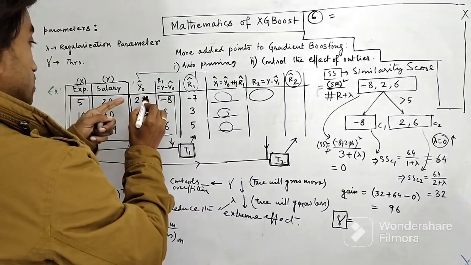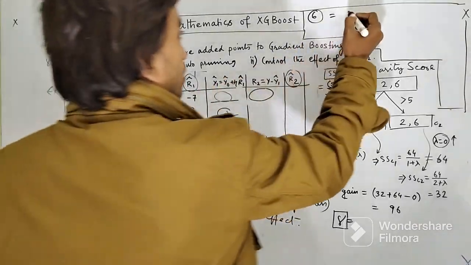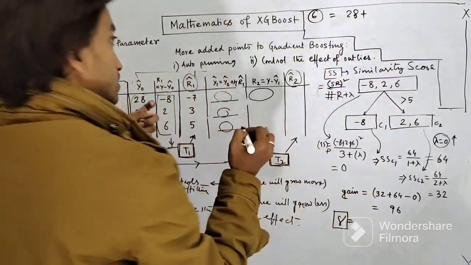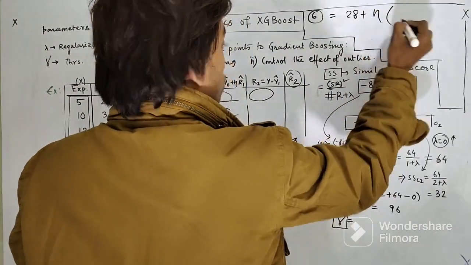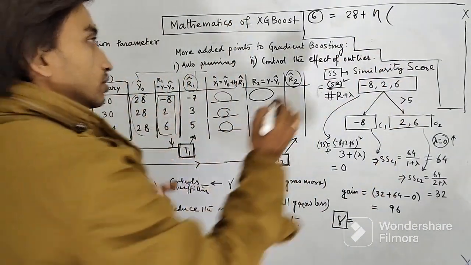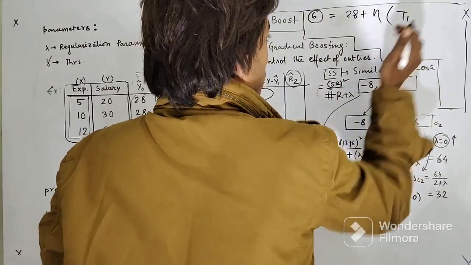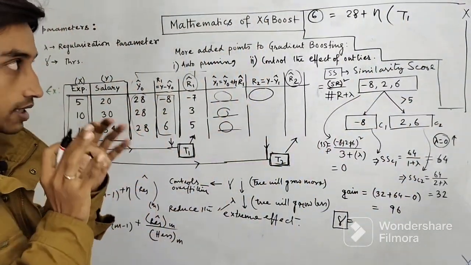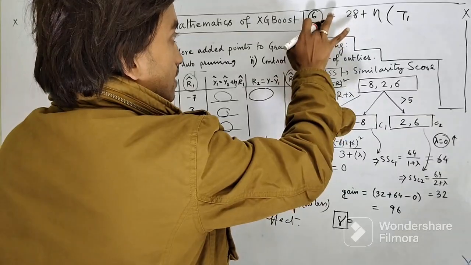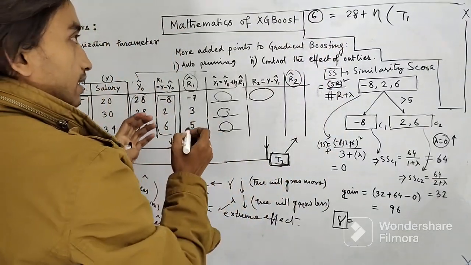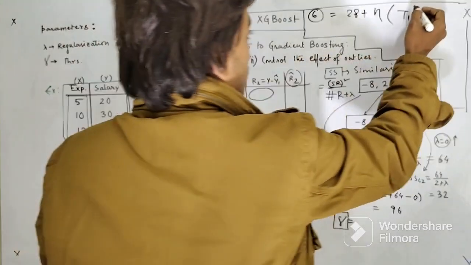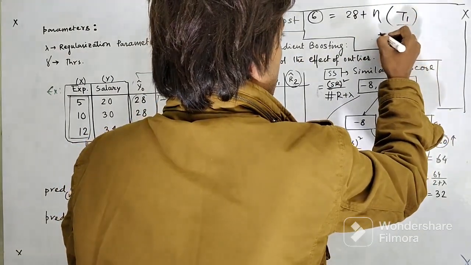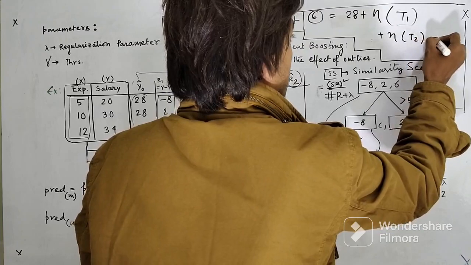This is your y0 hat. You add eta, the learning rate, times t1, giving the entry 6 and the residual, and you get some value, plus eta times t2, like this.